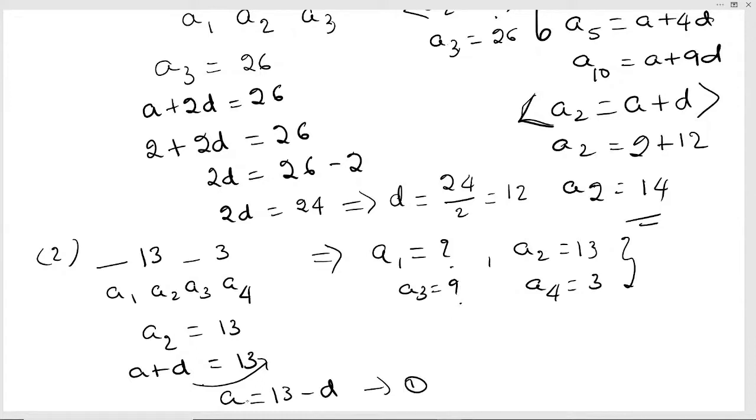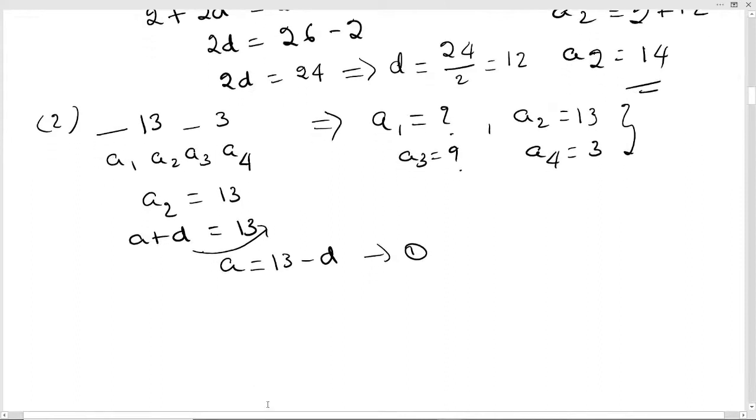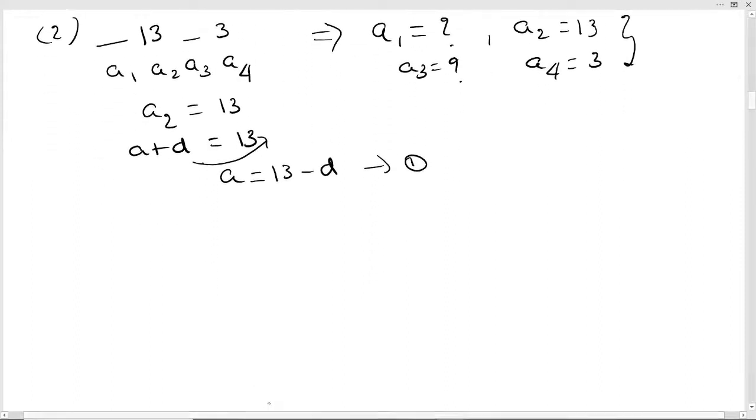Now I'll take the second condition whatever they have given. Here I'll write the fourth term they have given, that is 3. So the formula to find the fourth term will be A plus 3D equals 3.